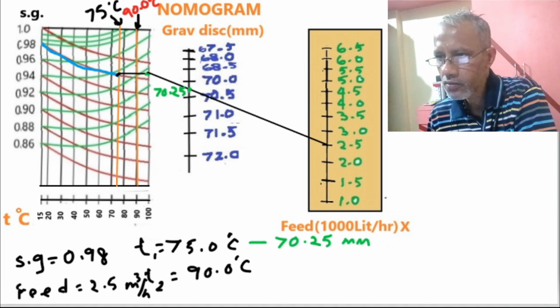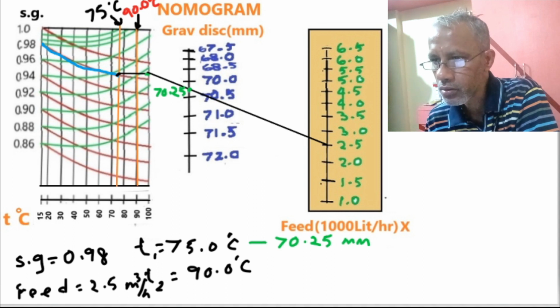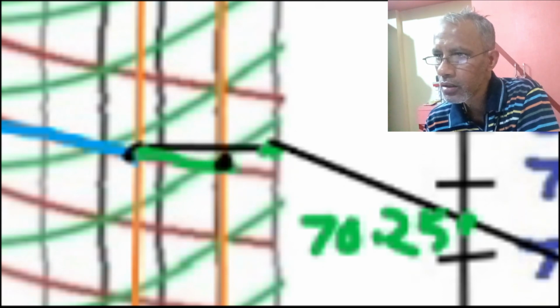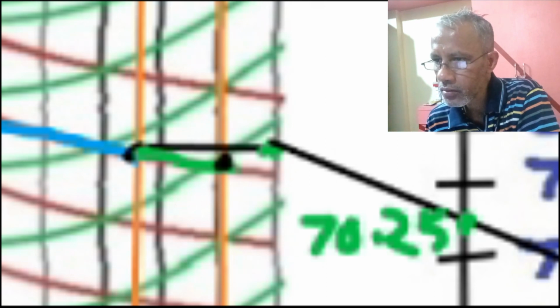Okay, next for the temperature of 90 degrees Celsius, we'll have to trace down right up to the 90 degrees Celsius line. Now next, a parallel line is to be drawn from this last point right up to the 100 degrees Celsius line.